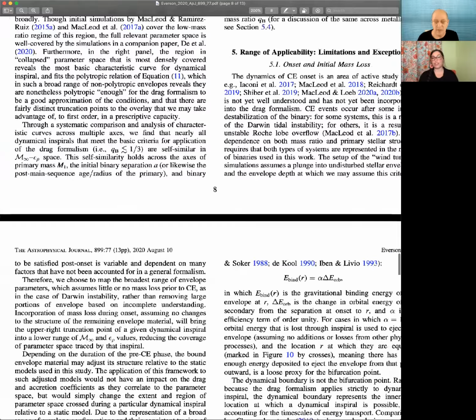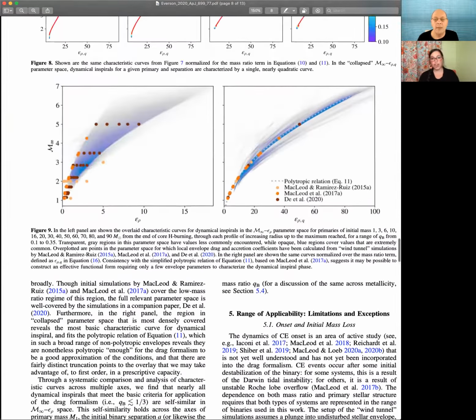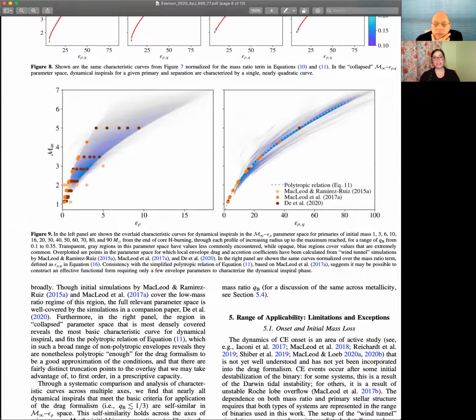Those are the collapsed versions of these fans, which is to say they've been calculated with all of the q values and then divided over that term. And you can see that the parameter space is very clearly outlined, and the simulations that Shomi did for her paper are in brown. So you can see all those brown dots cover that parameter space very nicely.